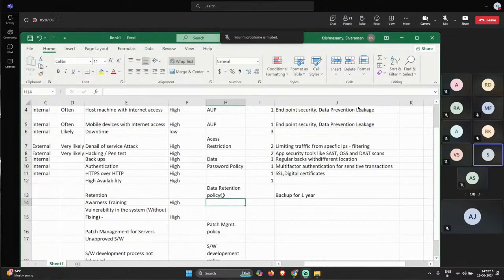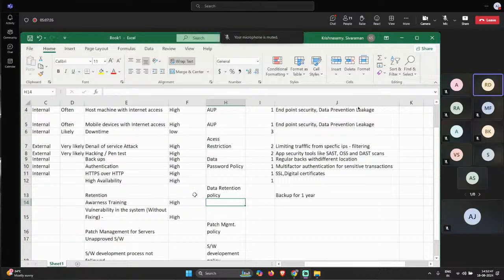Both of them relate to retention, but the policies are different. Retaining the data for a certain period of time is the data retention policy, and the sensitivity of the data is what the data privacy policy talks about.